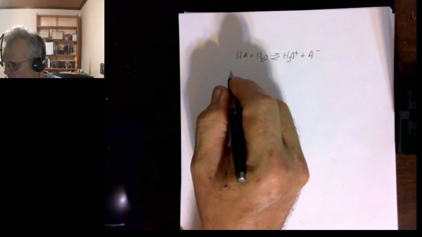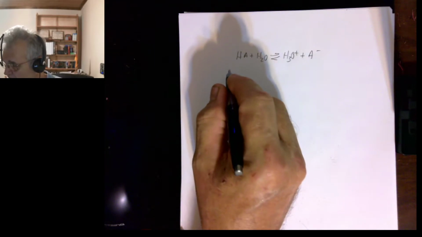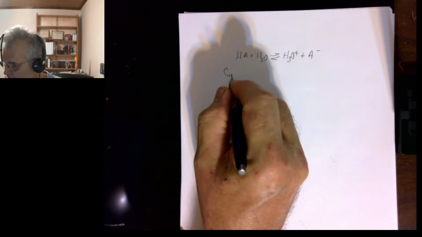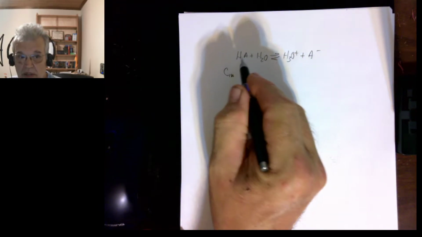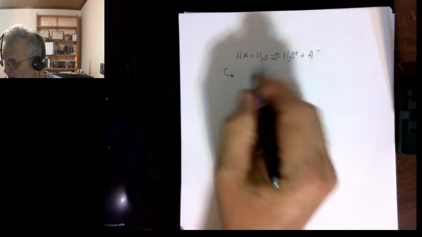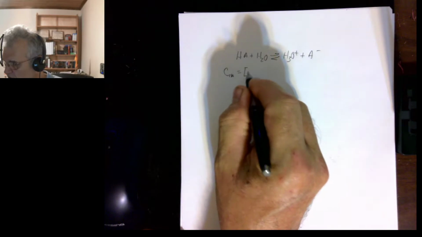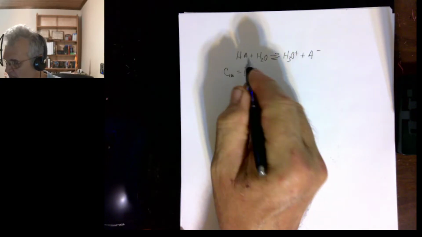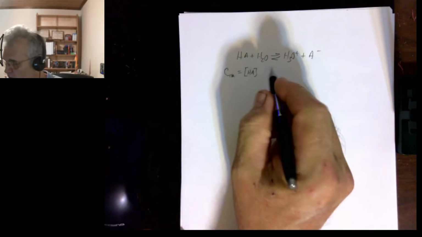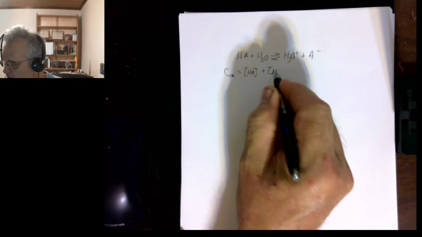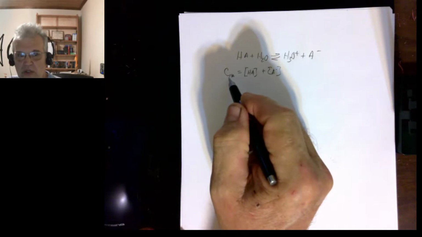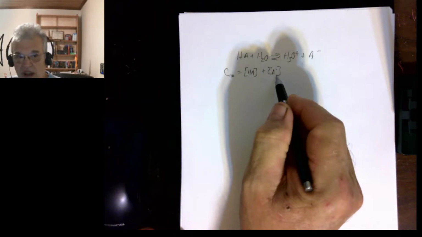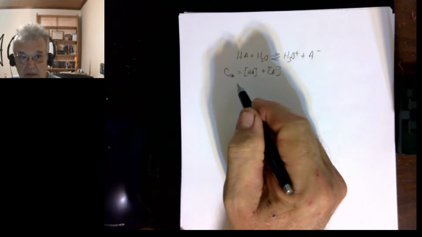And we use Lavoisier's conservation of matter to say that the analytical concentration, that is how many moles of HA went in per liter, is going to be equal to the species concentration of HA, how much of it stays in the protonated form, plus the concentration in the deprotonated form. In other words, put in 100 moles of this, 95 might be this, 5 might be this, but the sum of these two has to equal that.